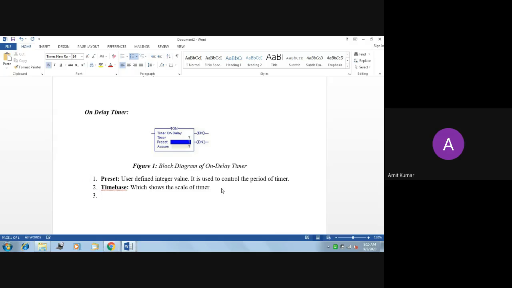Then we have an accumulator. It shows, or displays, the counting value of the timer.